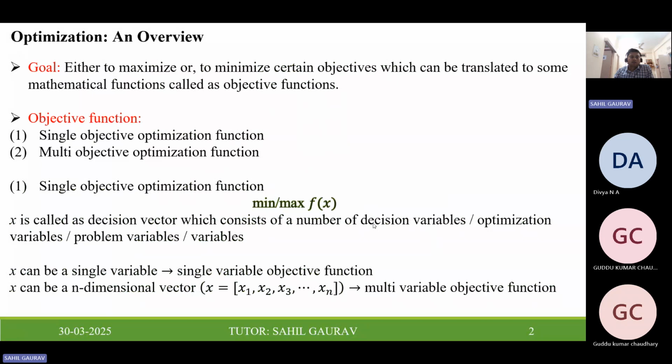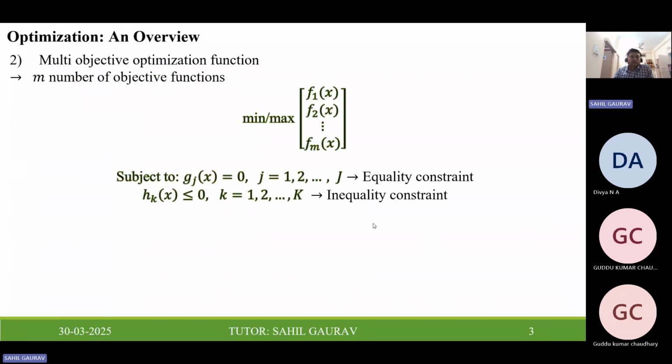Now we will move to multi-objective optimization function that consists of m number of objective functions f1, f2, and so on till fm of x. So this contains more than one objective function, that we call a multi-objective optimization function.